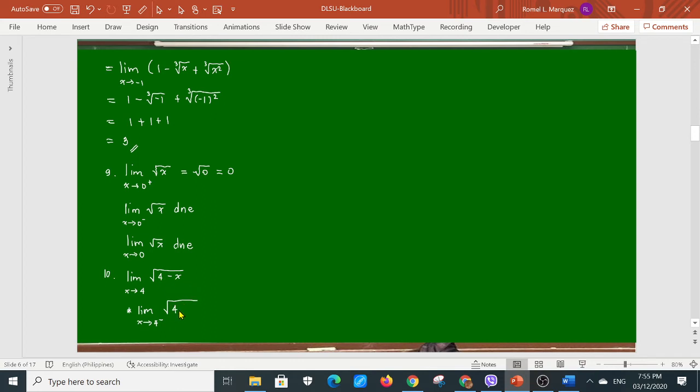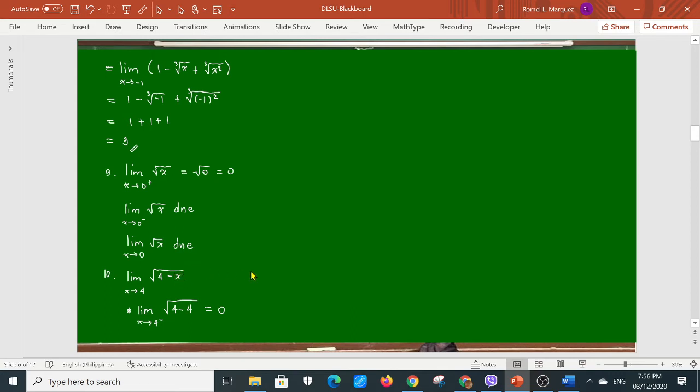So I can substitute because this x is approaching 4 but through values less than 4. Kaya 4 minus less than 4 is going to be 0 through positive values. Okay? Because x is 3.9, 3.999, approaching 4 through positive values. 4 minus less than 4 is going to be 0 through positive values.